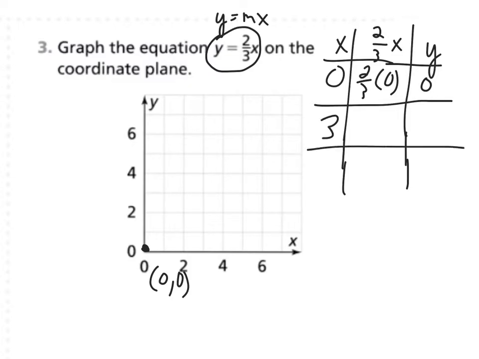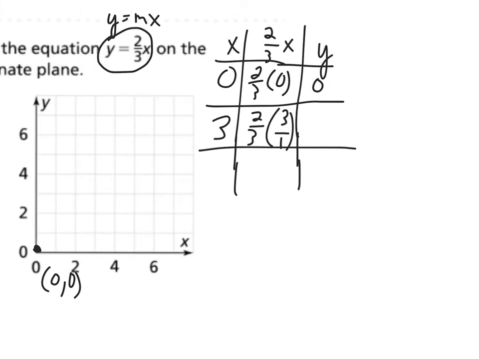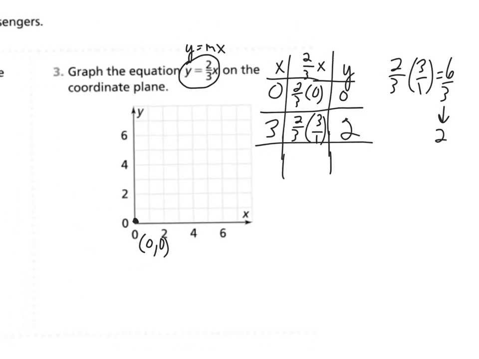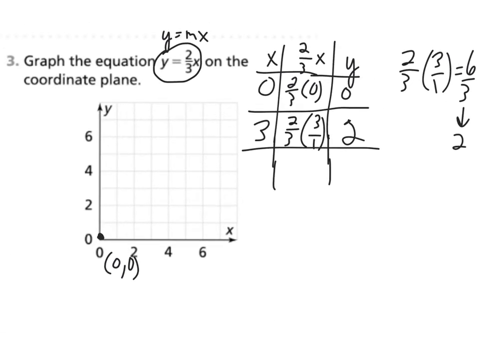If I put a 3 in for x, that'll work out nicer. That'd be 2/3 times 3. Remember, 3 is like 3/1. If we multiply, that'd be 6/3. 6 divided by 3 is 2. So that would be the point 3, 2. Technically, that's enough for me to make my line, but I like to have a third point just to make sure this is going the right direction.